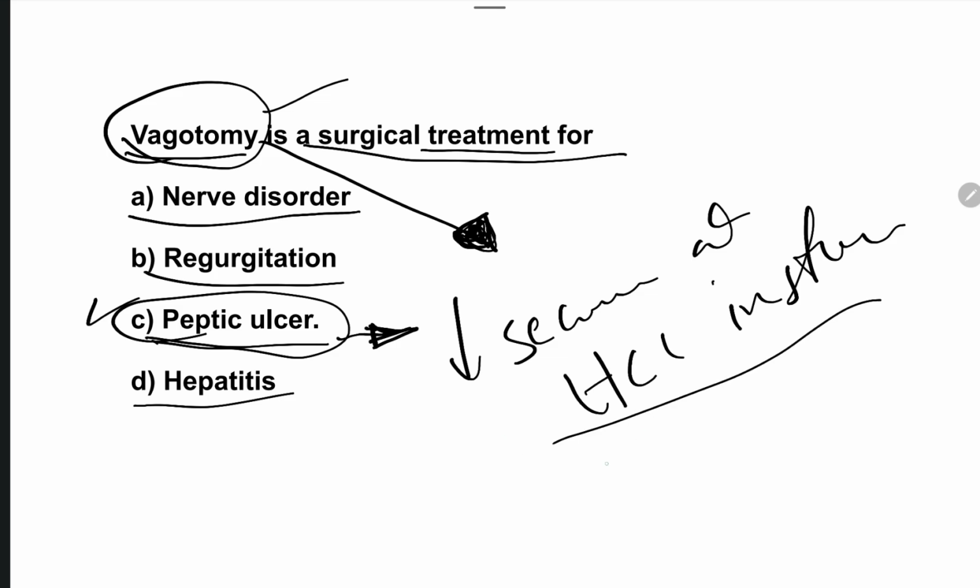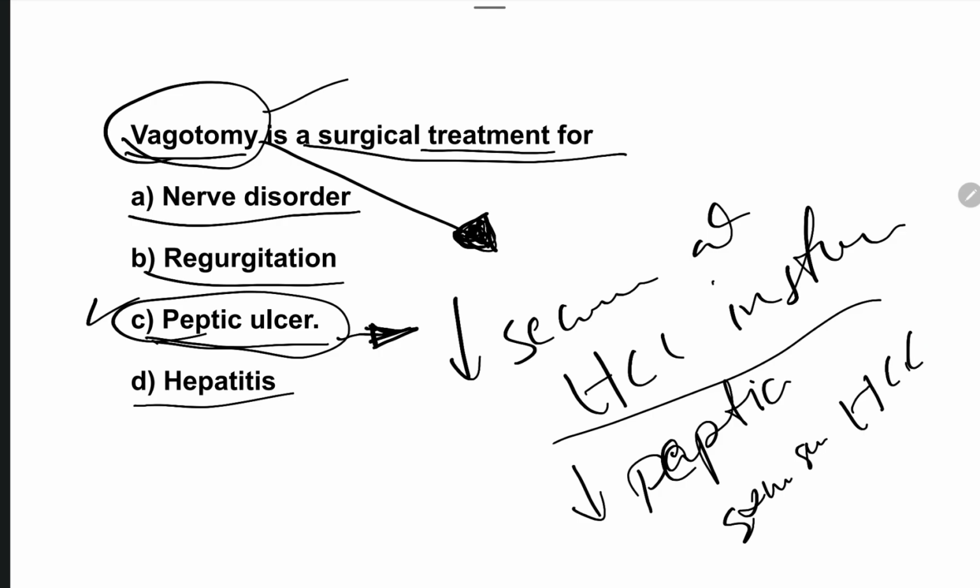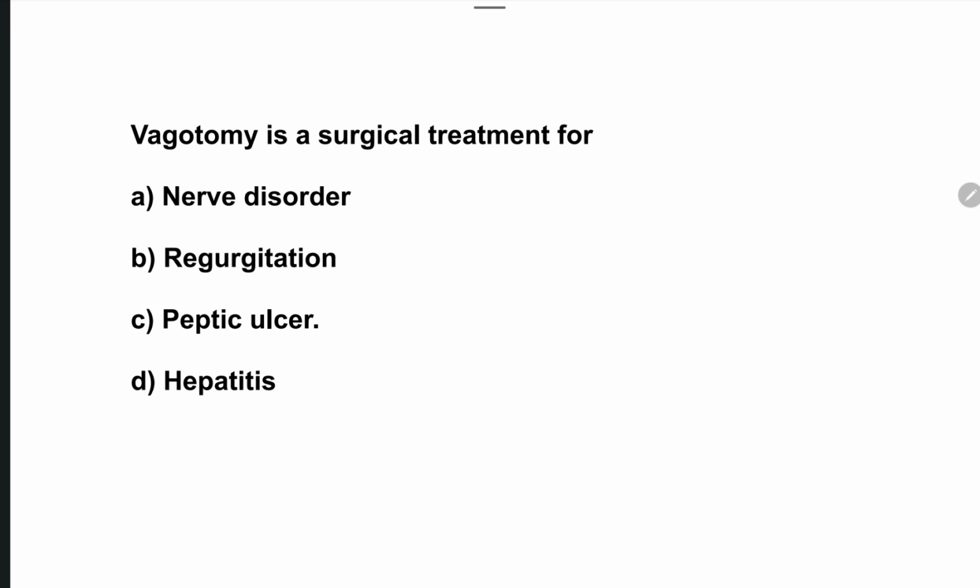So we can reduce the cause for the peptic ulcer. What is the reason for peptic ulcer formation? Mainly the excessive secretion of HCl. HCl is nothing but an acid. So vagotomy is a surgical treatment for the peptic ulcer.